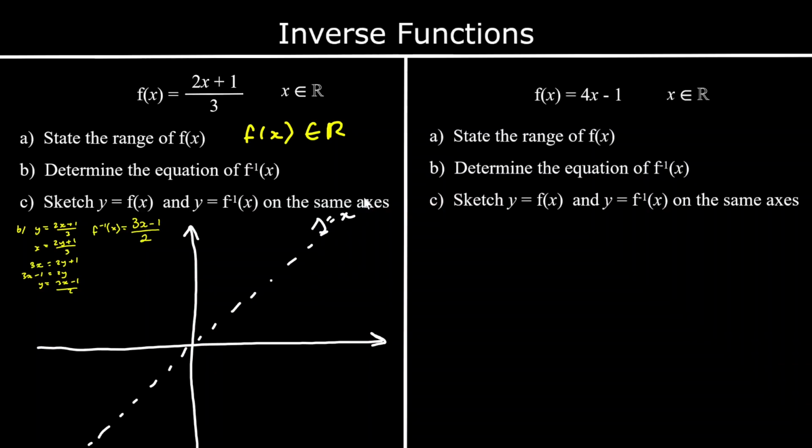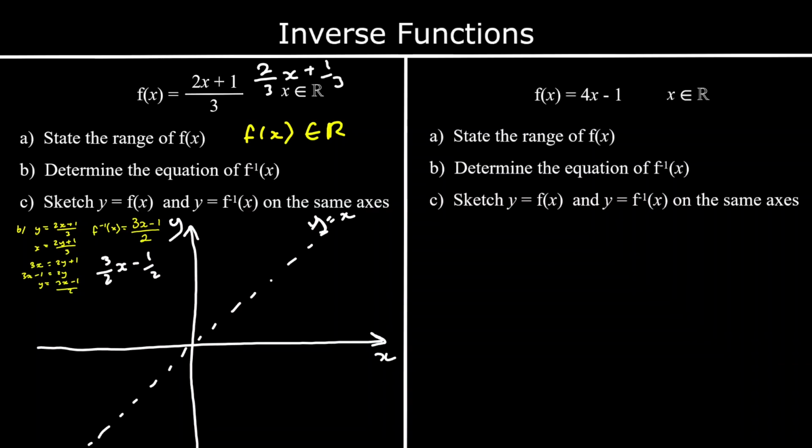So we have the line y equals x, and the two lines are reflections over that. If we write them as linear graphs, y equals mx plus c, we get 2/3 x plus 1/3, and we get 3/2 x minus a half.